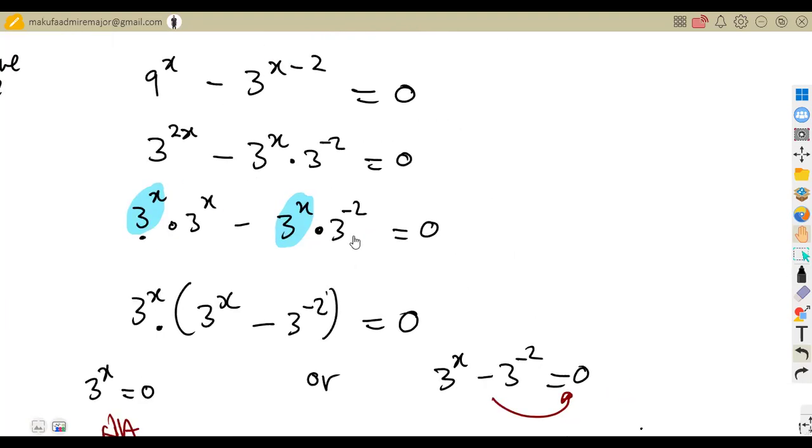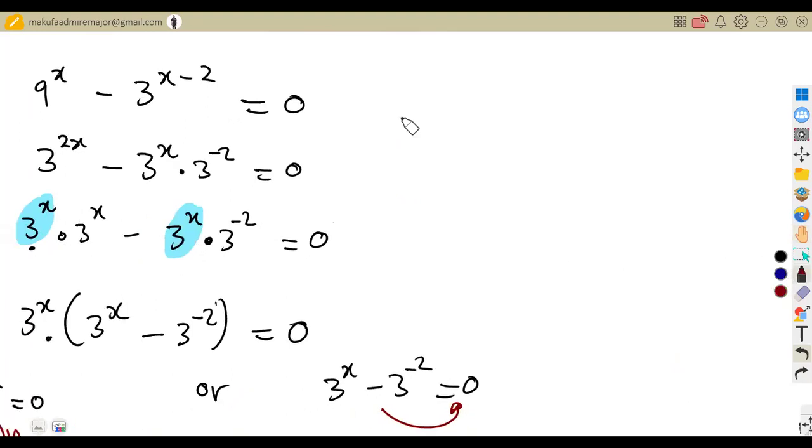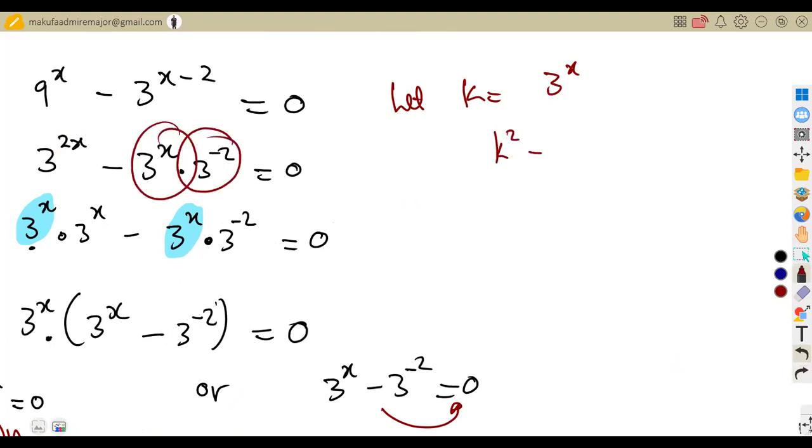We could have done that on this part here, where we had the product of these two, to say, let k be equal to 3 to the exponent of x. So on this one, remember it's the same as 3 to the exponent of x squared, so it will be k squared minus 3 to the exponent of minus 2 times k, which is equal to 0.